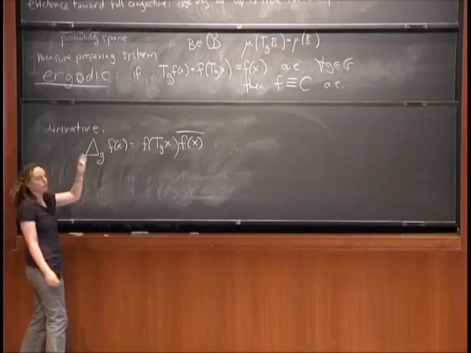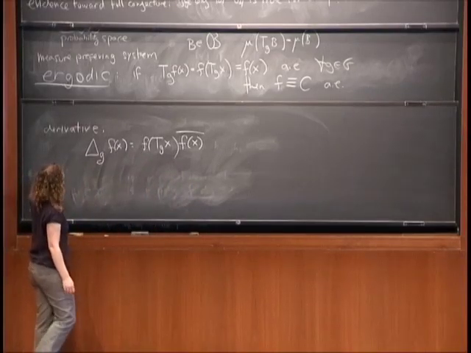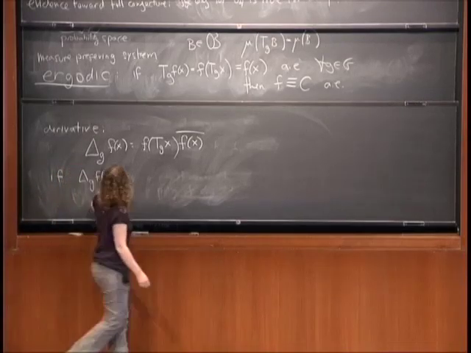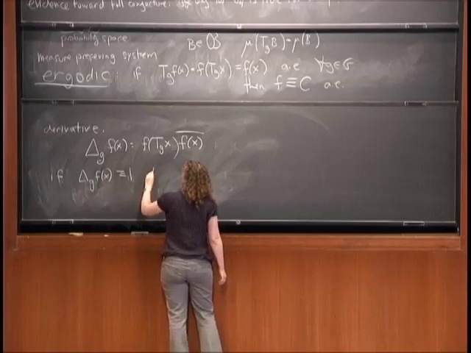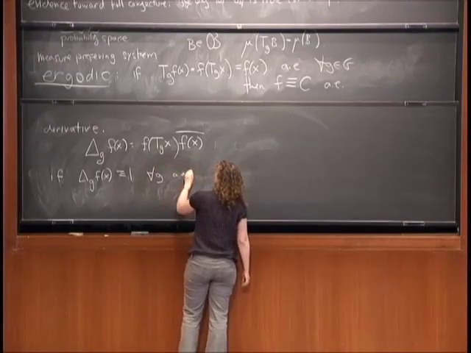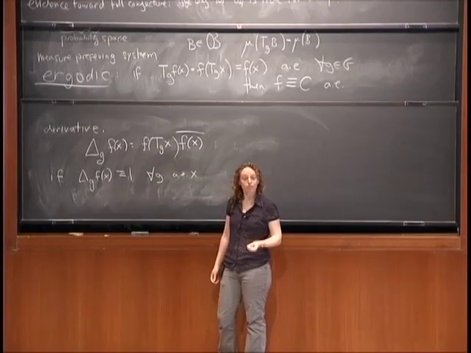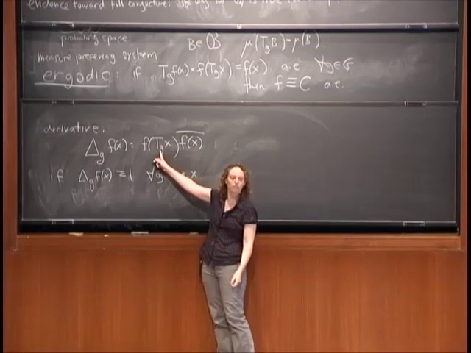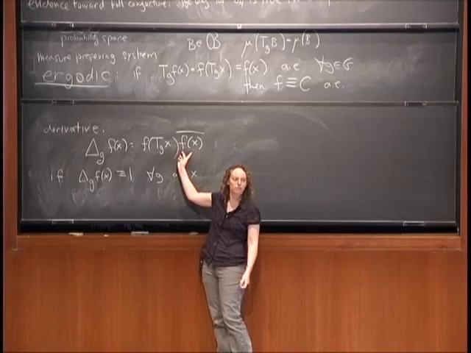Okay, so first observation: if the derivative Delta_g f of x is 1 for all g, almost every x, well, this is the same as saying that f is T_g invariant, right? This is the same as saying that f of T_g x is the same as f of x, almost every x, all g.